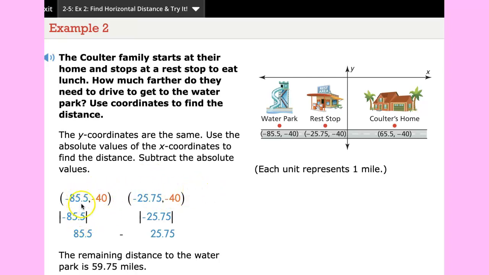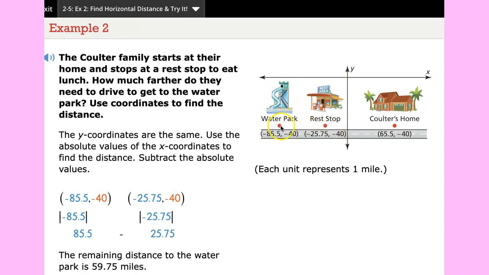So you find the absolute value of negative 85.5 and the absolute value of negative 25.75. Why are we subtracting them this time? Because they are on the same horizontal line, the same location here, right?